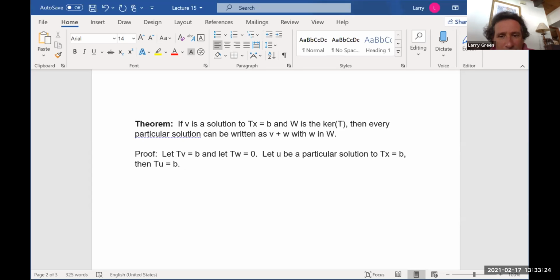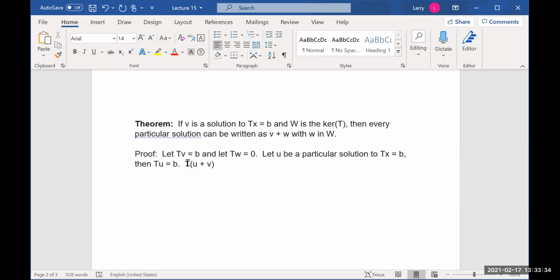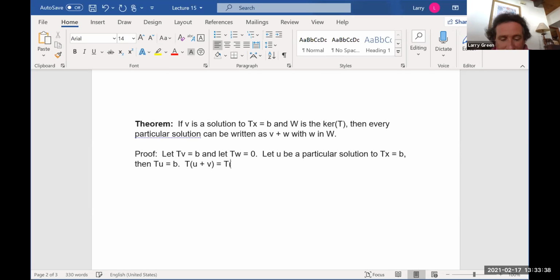What do we know about T of u plus v? That is equal to T of u plus T of v, because T is a linear transformation, which means you can split pluses.